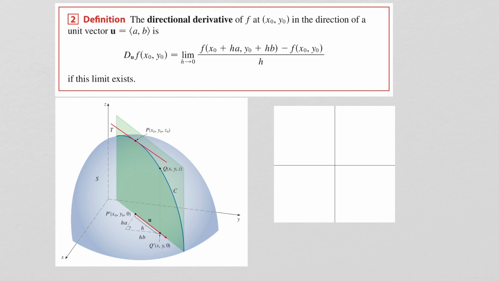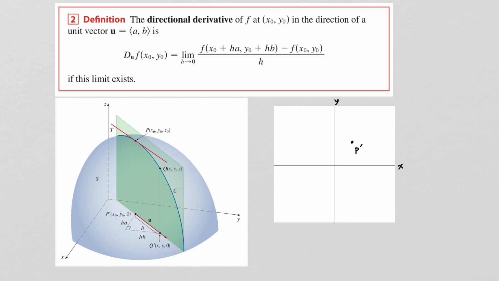Now let's understand where this definition comes from. So if I graph my point P prime, which has coordinates x0, y0 in the xy plane, we can see that P prime would be a point right about here. So again, this is our x-axis, this is our y-axis, here is P prime.